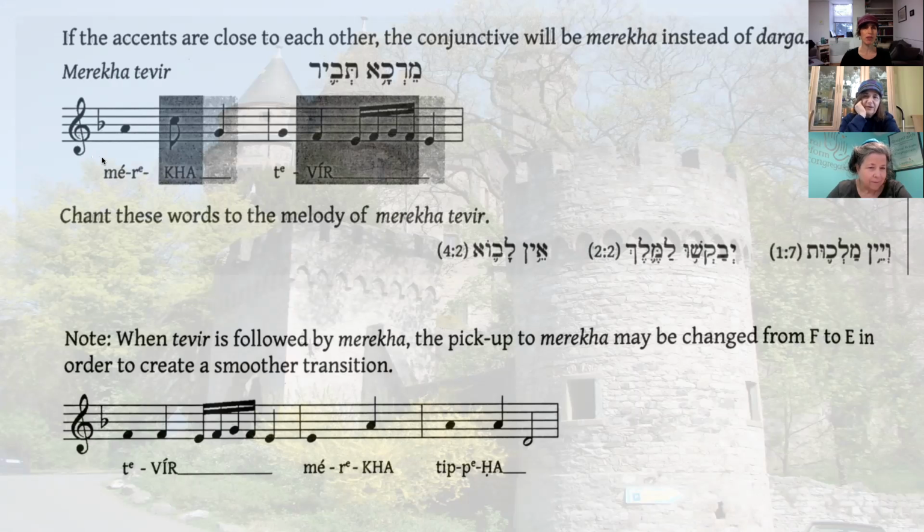Right, so same shape, fewer notes. Mercha tevir. All right, so v'yein malchut. V'yein. Yavakshu lamelech. Yivakshu lamelech. Now, how would this be?